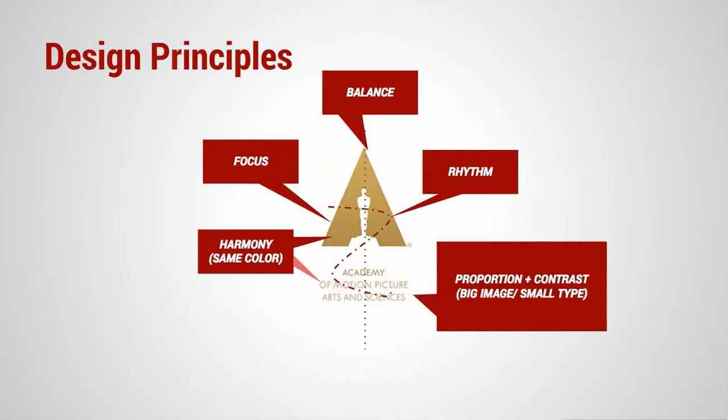You have rhythm, and I've sort of traced the path of the eye. Look at the Oscar and the A and you realize, oh, that's a clever idea. That's the A and the Oscar. And then your eye comes down and you read Academy of Motion Picture Arts and Sciences. And then we have proportion and contrast. We have a big image of the Oscar and the A, and the type is much smaller compared to it. So we have good proportion here.